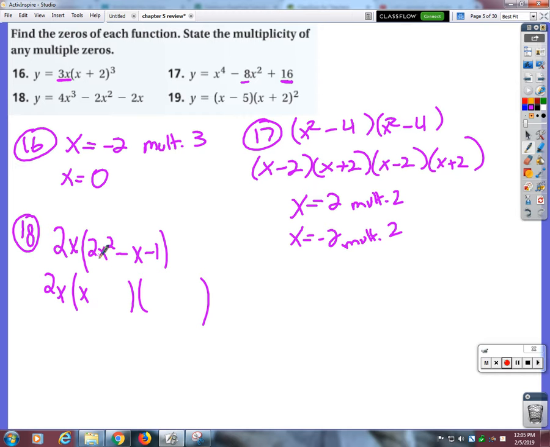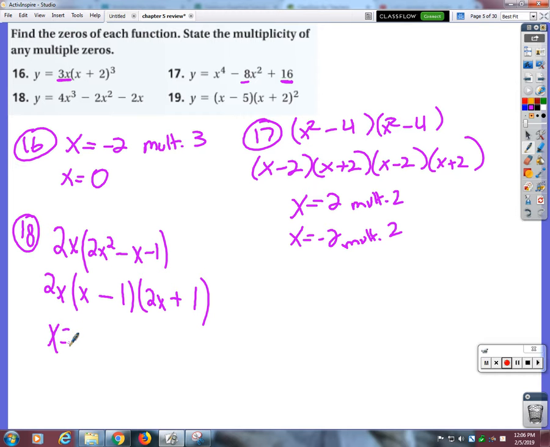X times what is 2x squared? 2x, okay. Good. And then these two numbers multiply together to be 1. 1 and 1. To get a negative x, I'm going to make this one negative and that one positive.